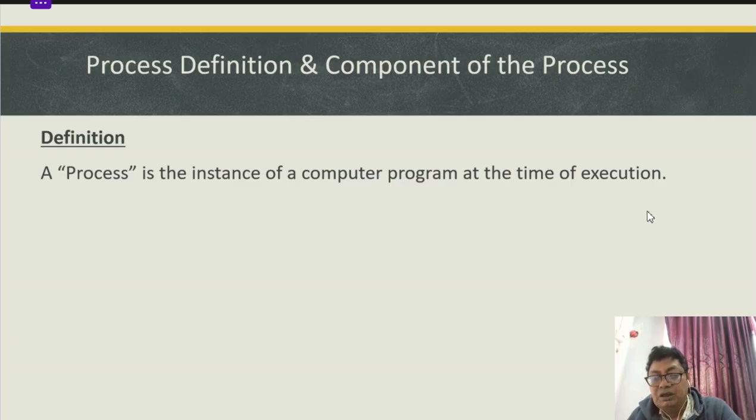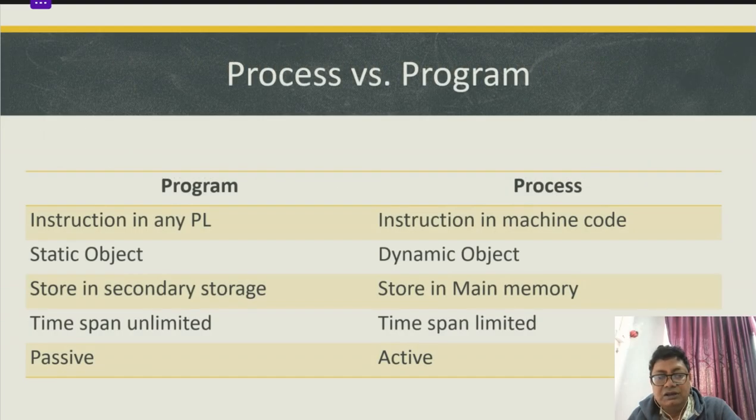I hope the definition is okay for you. This is the biggest line, but I explained it properly so you can easily understand the meaning. Okay. Next, I go to the next slide, process versus program.